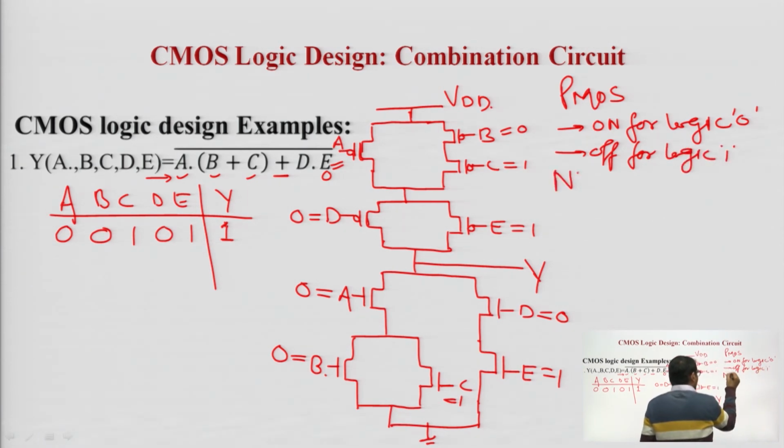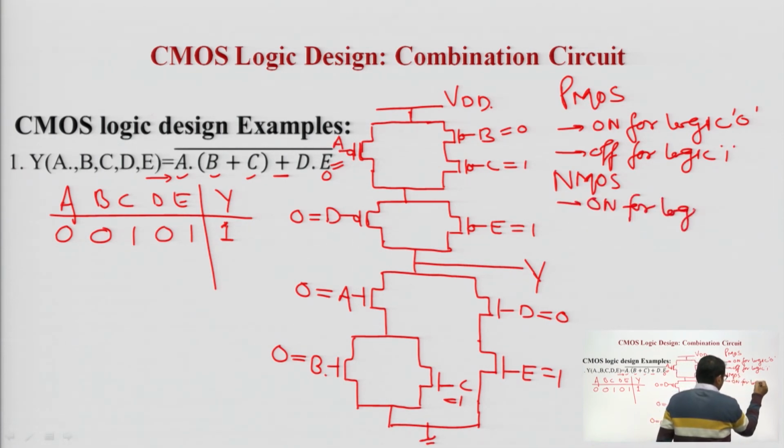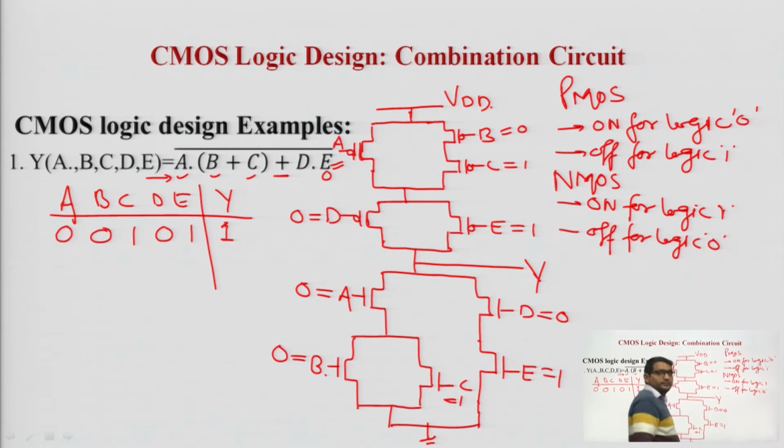Similarly, in case of NMOS, NMOS is on for logic 1 and off for logic 0.